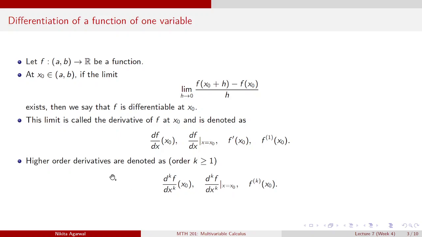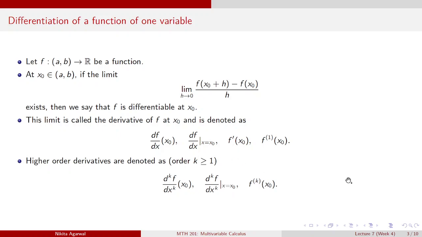For higher order derivatives, you put a k on top and k on the bottom, and in the last notation you put k instead of 1, and in the third notation you put that many primes, which is not very convenient if k is large. So all these notations are more convenient when k is not equal to 1.